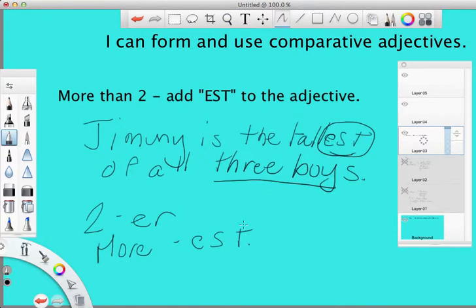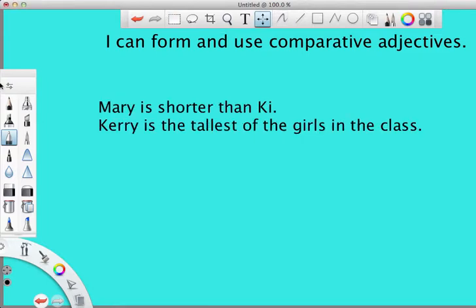And you do this naturally all the time. This is something that you do in your basic language and speaking, so this really should come naturally to you. Look at two examples. The first one says, Mary is shorter than Kai. So I've got Kai and I've got Mary. Because I have two people that I am comparing, I'm just adding er on the end of it.